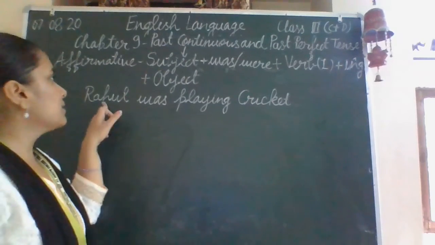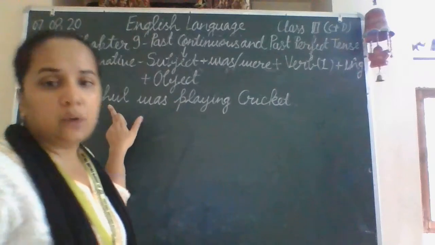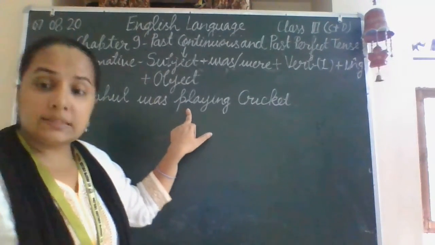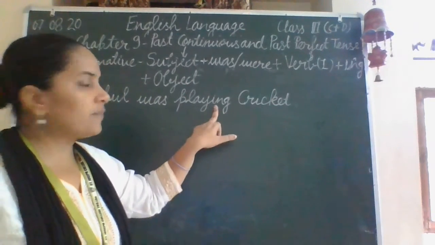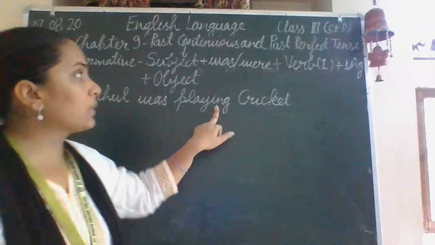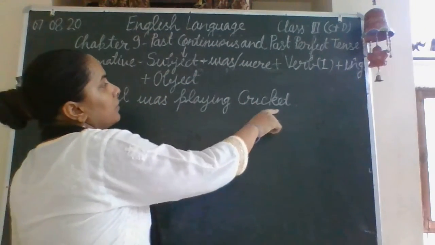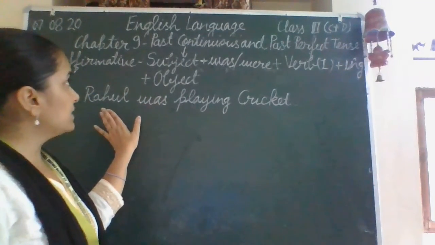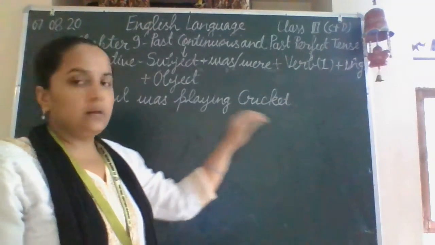Why? Because Rahul is singular. Here we are talking about one person only. Then play is the base form or the first form of the verb. We have put ing with this because it is a continuous tense, and cricket is the object. So this is the basic sentence of the past continuous tense. Rahul was playing cricket.